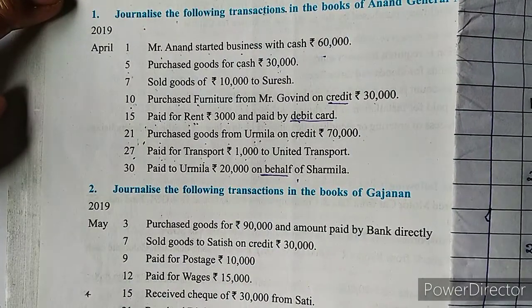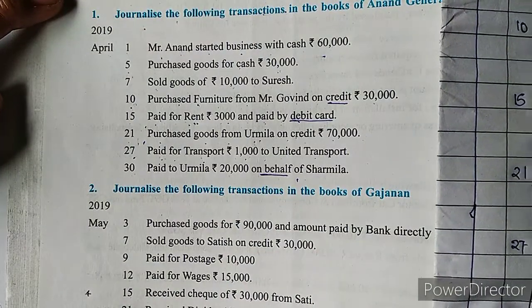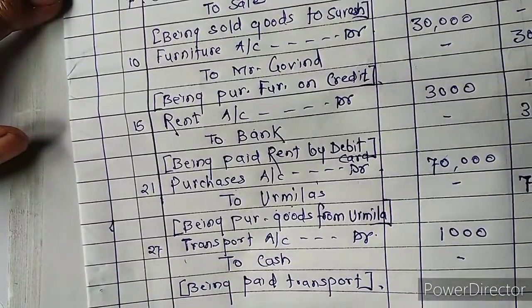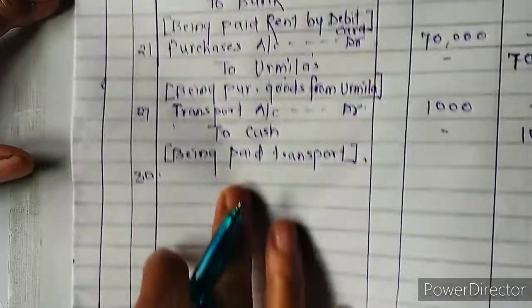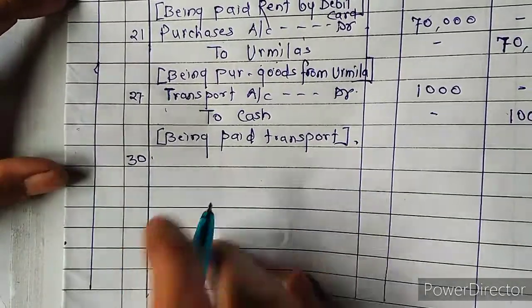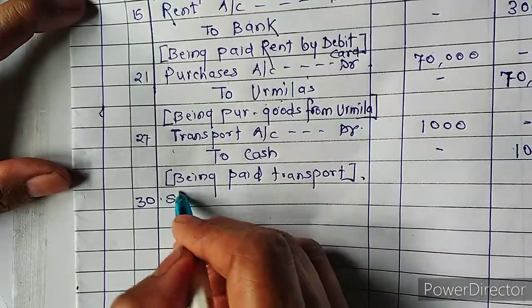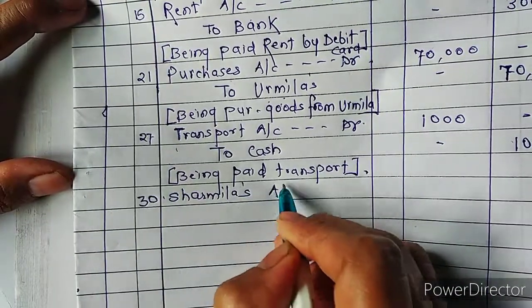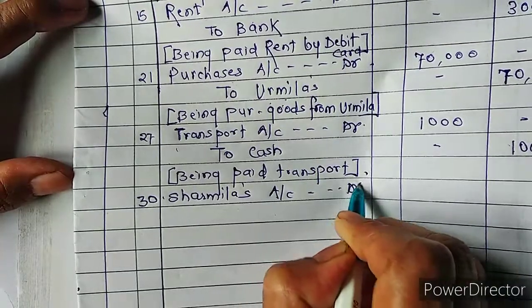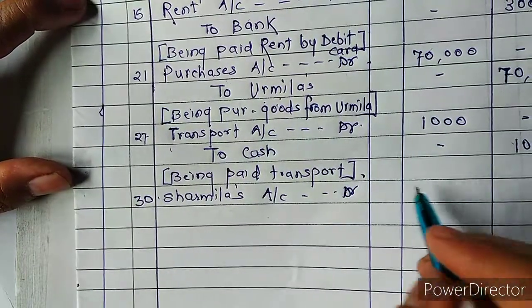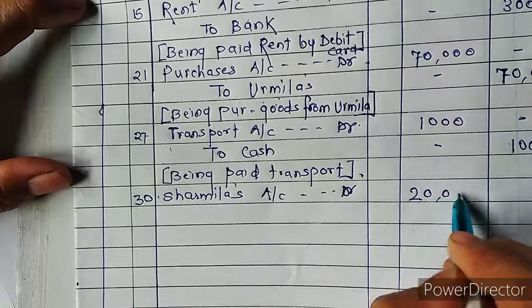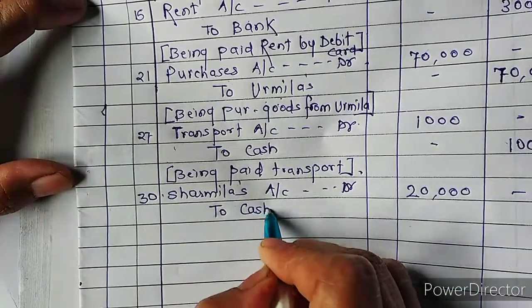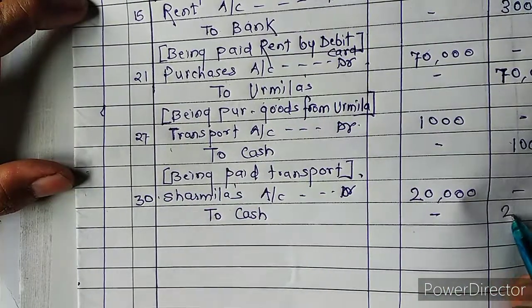So we have to give debit to Sharmila's account, rupees 20,000, and cash goes out, credit rupees 20,000.